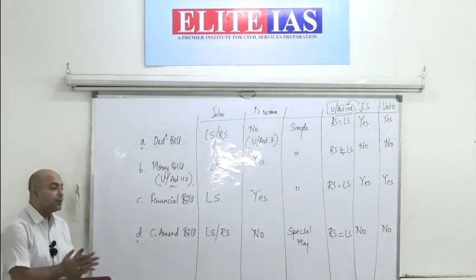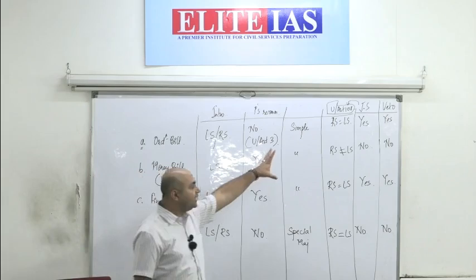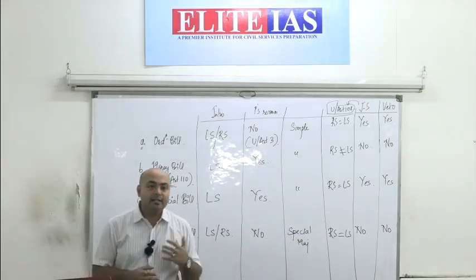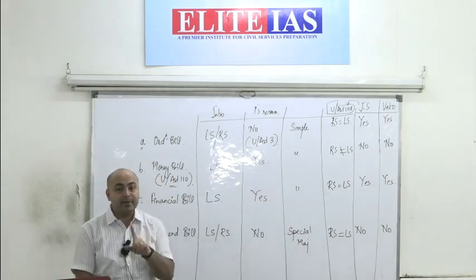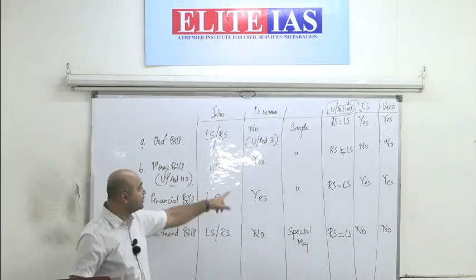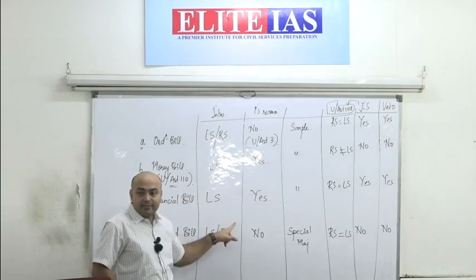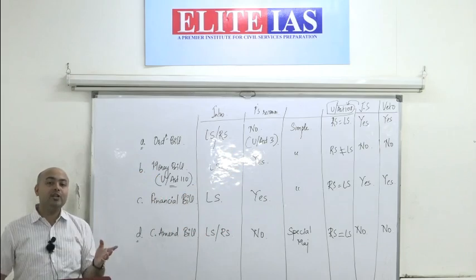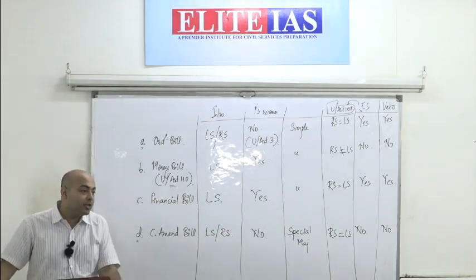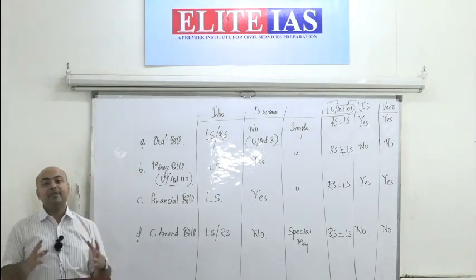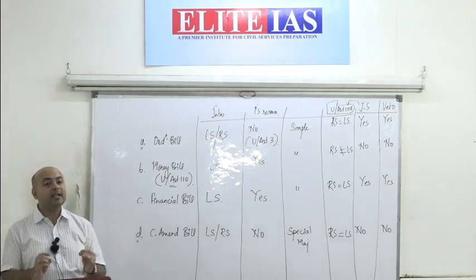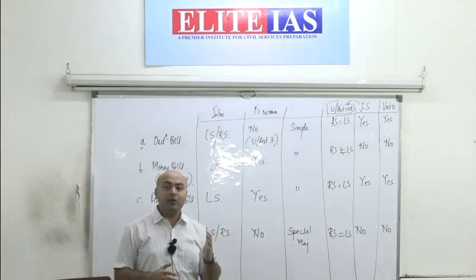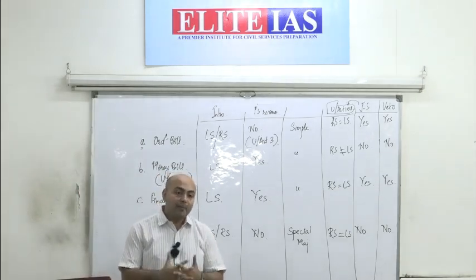Clear? Absolutely clear. So have you understood the idea of majorities? In certain cases, simple majority; as I said, functional majority. Simple majority is also called functional majority, because in most of these cases simple majority is required. Only in case of a constitutional amendment bill, a special majority is required. As the name suggests, only in special circumstances. For all other reasons, you would find only a requirement of a simple majority.